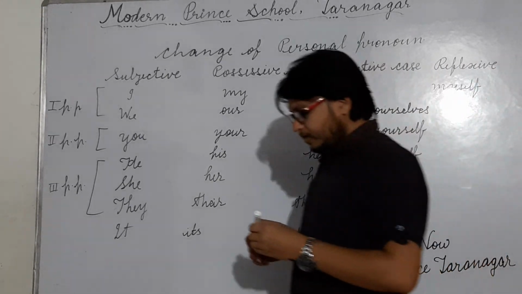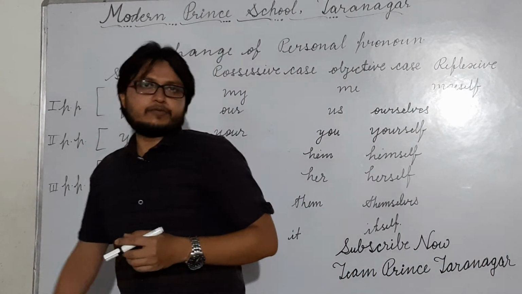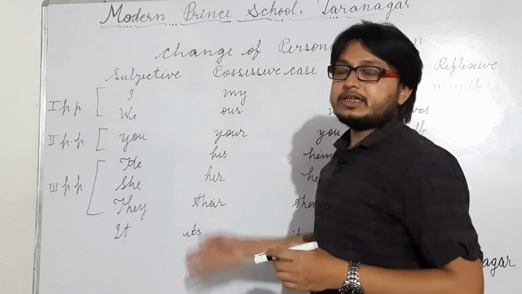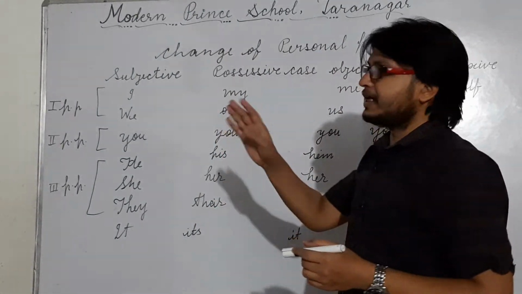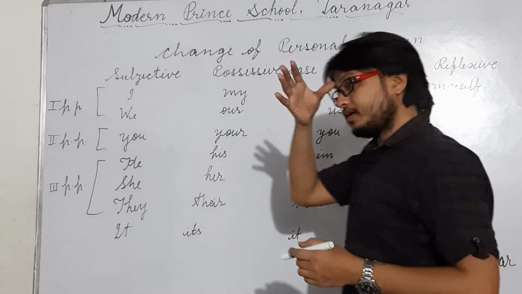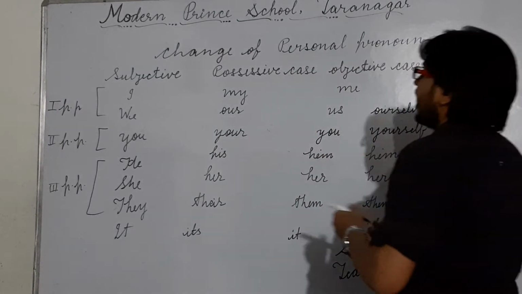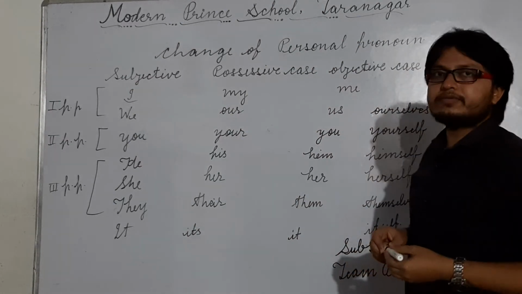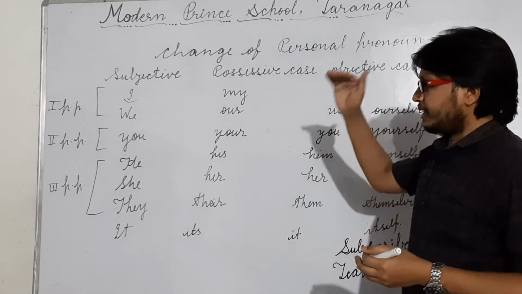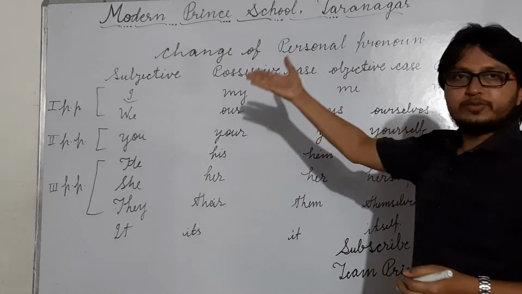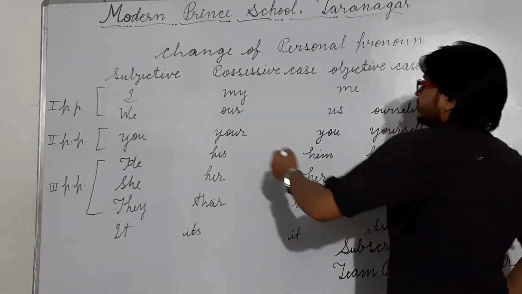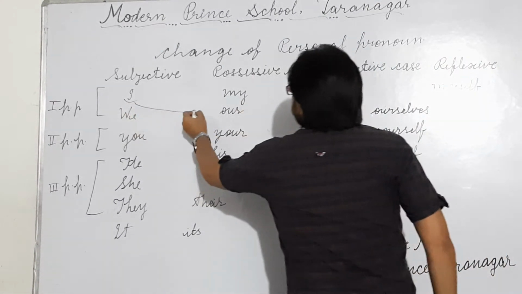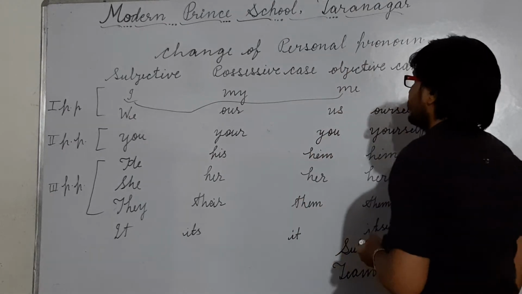Okay, now we will see how it works when we change an active voice into passive voice. If the subject in an active voice sentence is I, when we convert it into passive voice, the subject I will change into me.